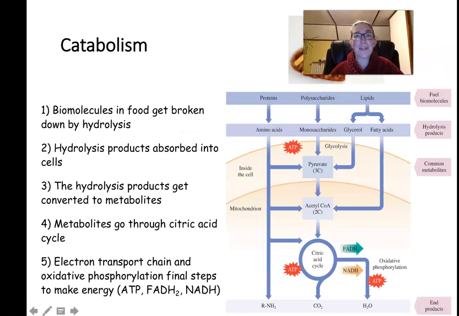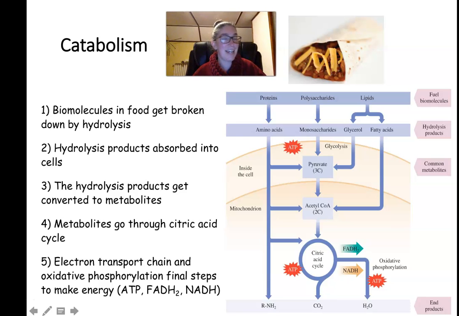So let's start with catabolism, some more detail. An overview of catabolism. This slide is pretty busy, but I'm going to walk you through it step by step throughout the lecture. So the stages of catabolism, for example, when you are eating a burrito or little chocolate brownies, in the case of my daughter right now, the biomolecules in the food get broken down through a process of hydrolysis.